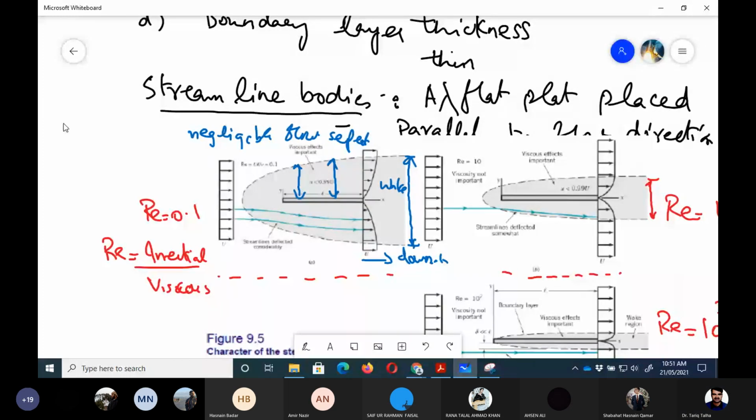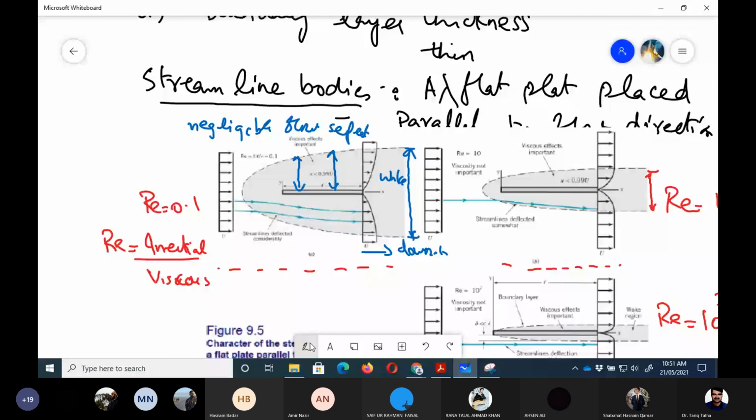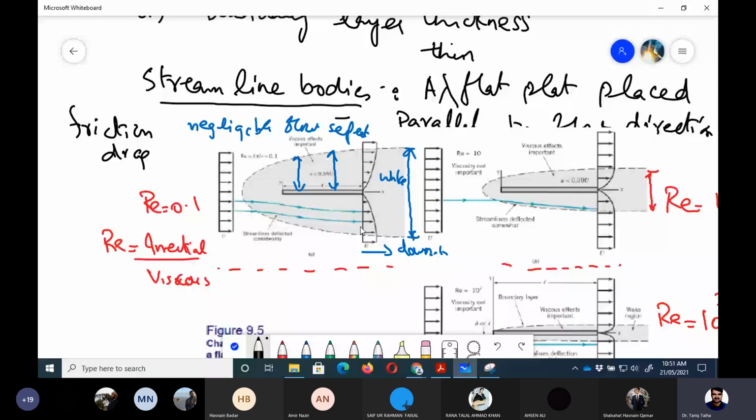Let me write friction drag. Why is that? Because in all the cases there is no flow separation, and all the drag force would be applied by this solid surface with the help of wall shear stress on this solid surface. Right. So here there is only one component, which is friction drag.